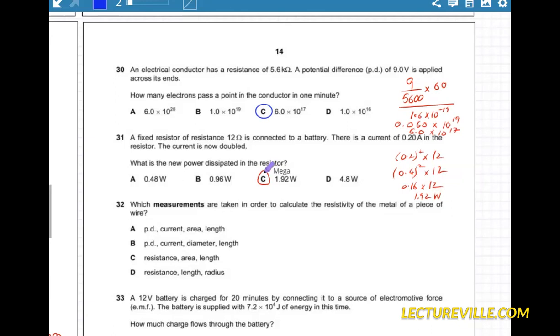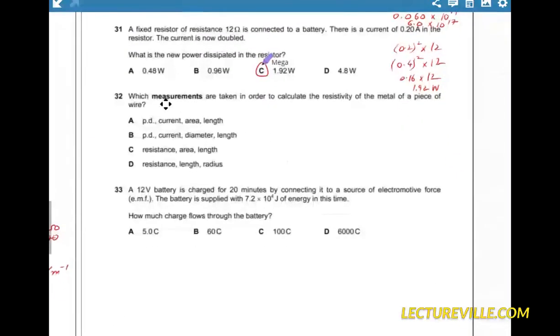Now, next part is 32. Which measurements are taken in order to calculate the resistivity of a metal of a piece of wire?